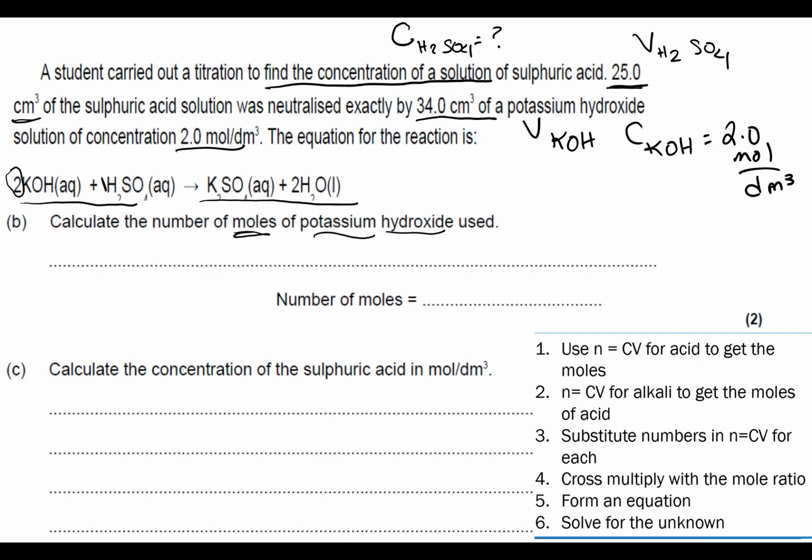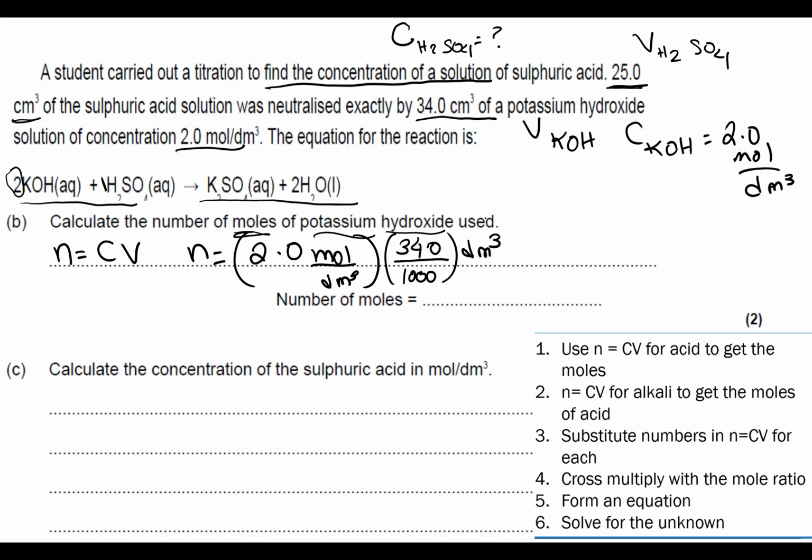So moles, n, equals CV. n equals the concentration of potassium hydroxide, 2.0 mole per decimeter cubed, times the volume. Now the volume is 34.0, divided by 1,000 to turn it into decimeter cubed. And your final answer should be up to 2 significant figures.